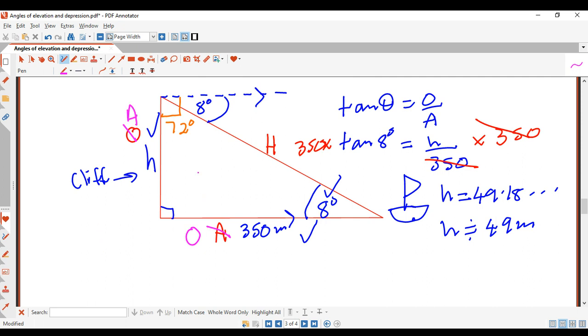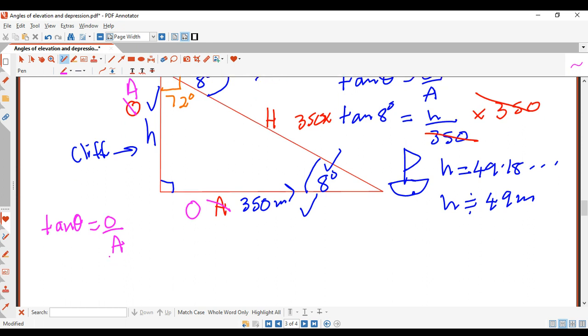If you did it that way, you're still using tan because you've got the opposite and adjacent. So you'd write down tan theta equals opposite over adjacent. This time your theta is 72 degrees, so you're going to have tan 72 degrees is equal to 350, because that's the opposite side now, divided by h.